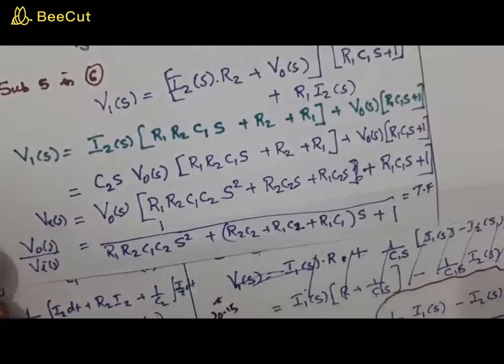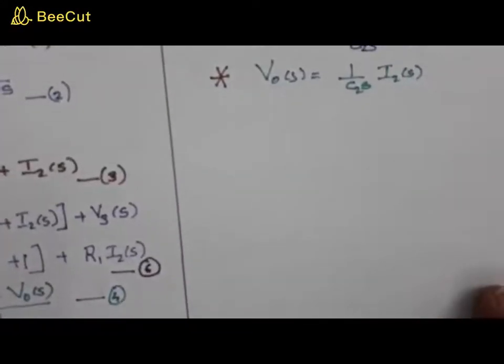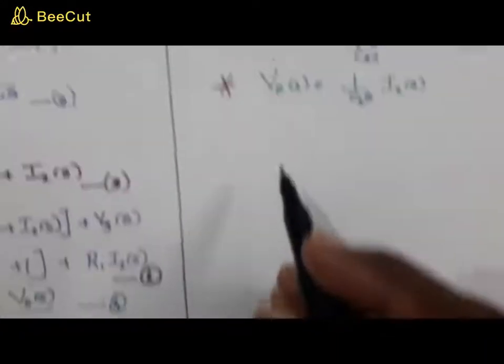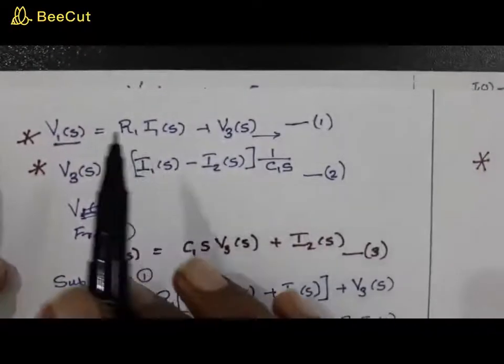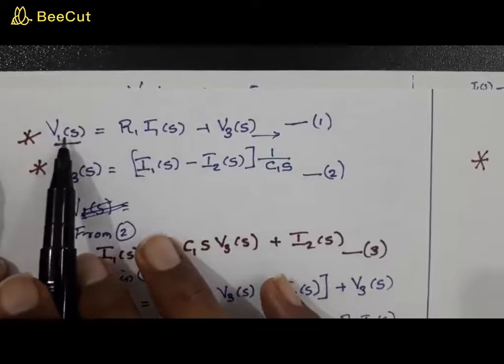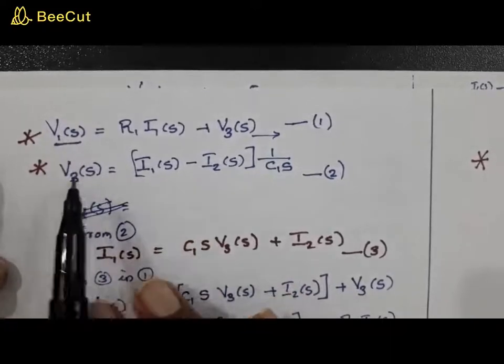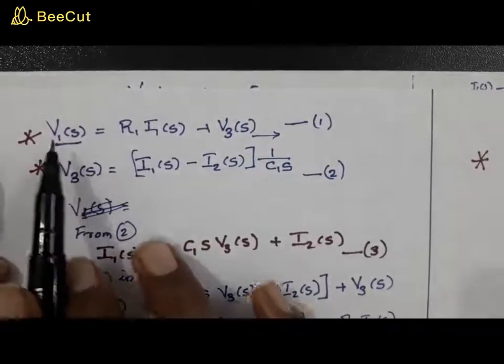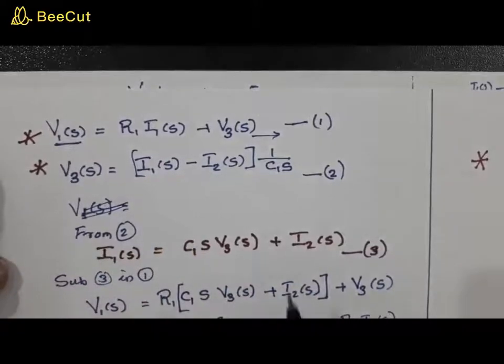Now the next step is how to get the block diagram of this. Look at the starred relation. I've starred V1 of s, V3 of s, that is the voltage that comes in between V1 of s and V0 of s.